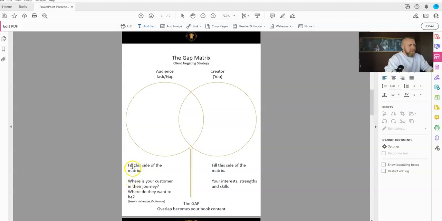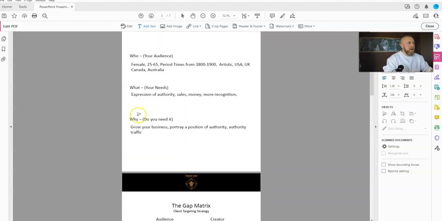So on this side, it says, fill this side of the matrix. Where is your customer in their journey? What do they want to be? Okay, so essentially, where is your customer inside of their buying journey? What do they want out of this relationship? All right. And we already know what we want, right? And why we want it.